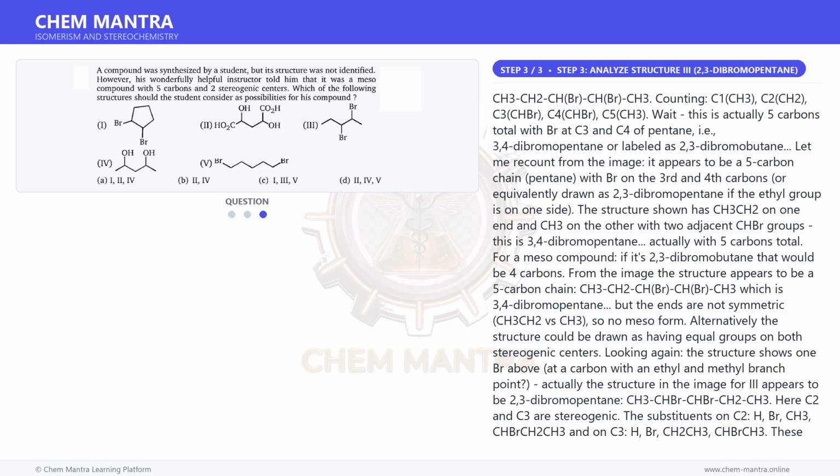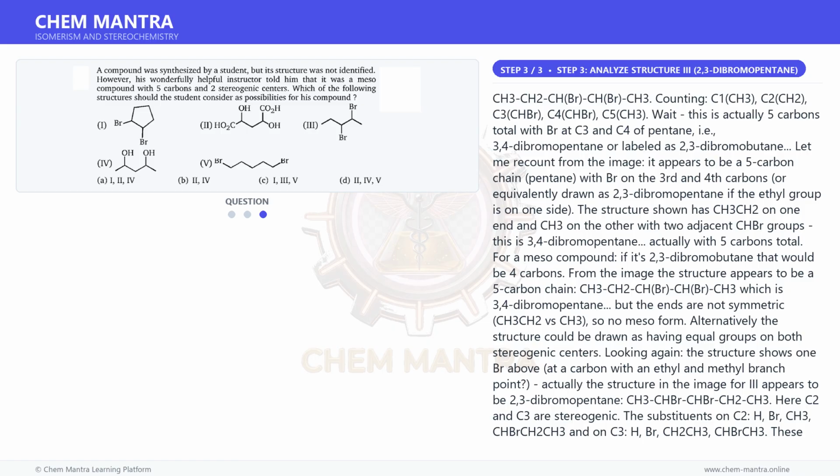Let me recount from the image. It appears to be a 5-carbon chain, pentane, with Br on the 3rd and 4th carbons, or equivalently drawn as 2,3-dibromopentane if the ethyl group is on one side. The structure shown has CH3CH2 on one end and CH3 on the other with 2 adjacent CHBr groups.